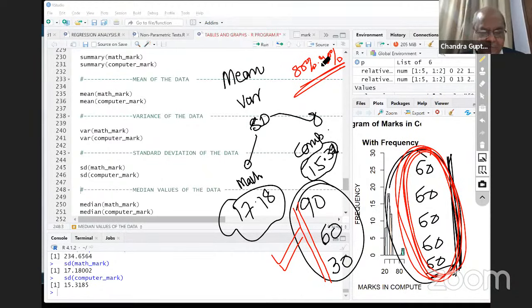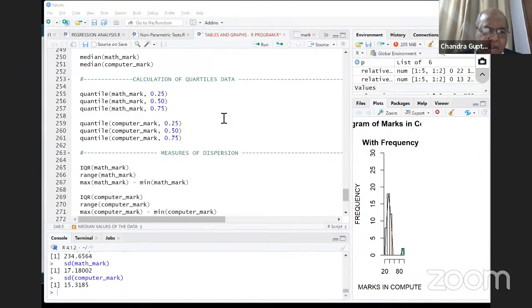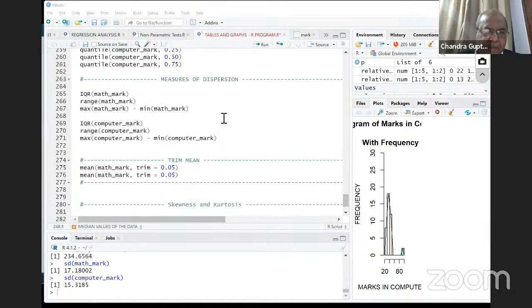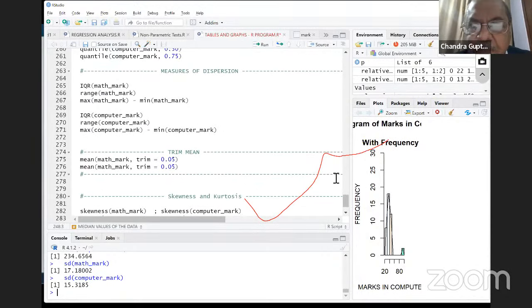Okay, so we are able to calculate the mean, median, and the variance. Now, skewness you can easily calculate. Quantiles, you can get range, maximum, minimum, and for the skewness, the formula is simple.